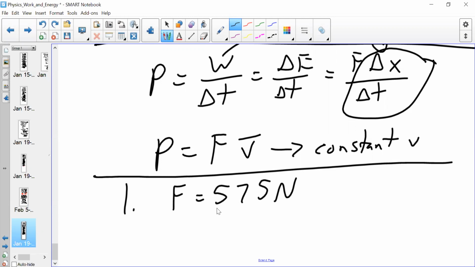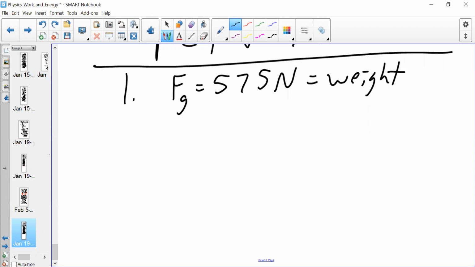Okay, so when newtons is used to describe an object, that's its weight, Fg, that's how much the box weighs. Because it's an adjective in this case, let's say 575 Newton box weight. Distance is 20. So we have a force, and the implication is that it's moving with a constant velocity. So it's very useful for us to use the force times velocity equation that we just derived.